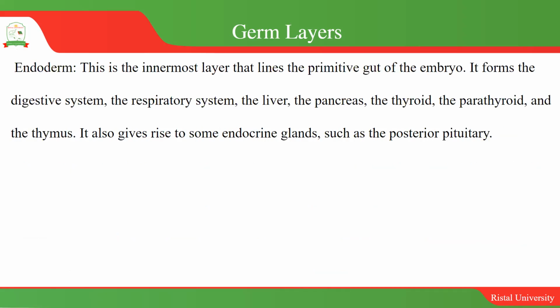The endoderm gives rise to the gut of the embryo, and therefore forms the digestive system, the respiratory system, the liver, the pancreas, thyroid, parathyroid, and then thymus. Some of the endocrine glands also come from the endoderm, such as the posterior pituitary.